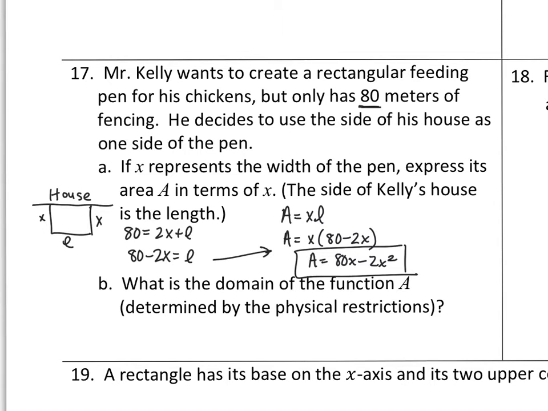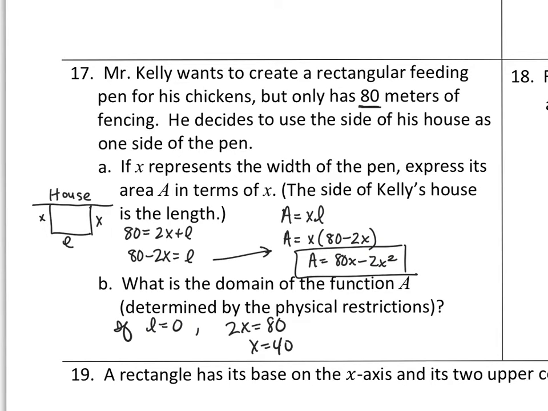Now the next part, they ask you about the domain. The way I looked at it is this. I knew that if they only have 80 meters, if L was 0, if there was no length at all, then 2x would be equal to 80 and x would be equal to 40.